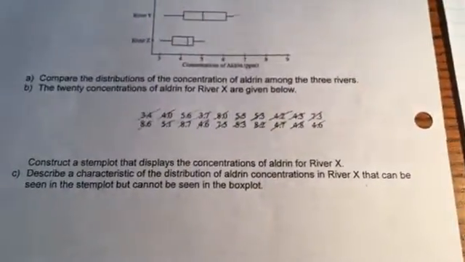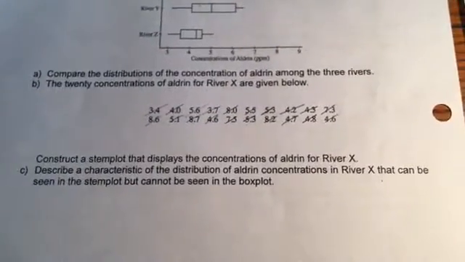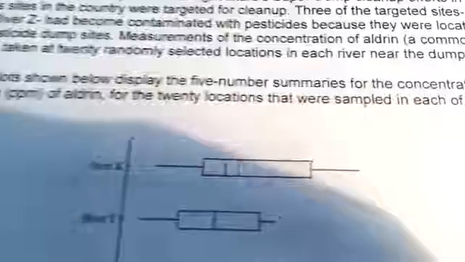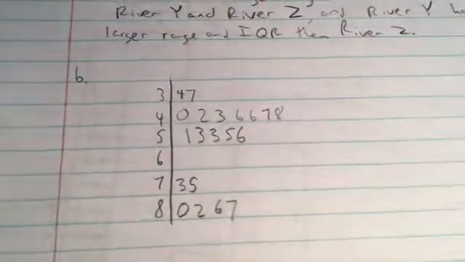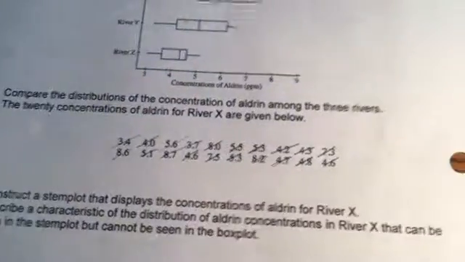The next part asks us to describe a characteristic of the distribution that you can see on the stem plot but not on the box plot. And so what strikes me as apparent on this that you can't see on this is that there's actually a hole at 6. There are no data points here with the concentration of 6.